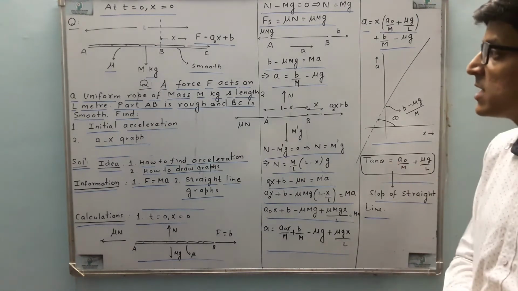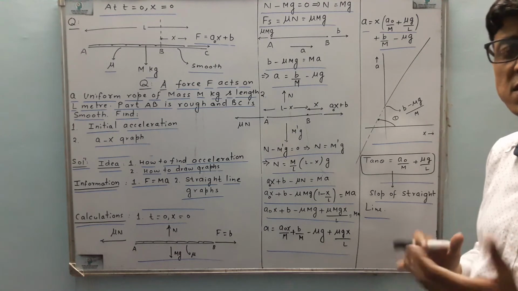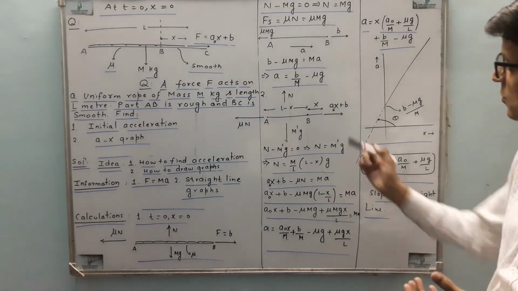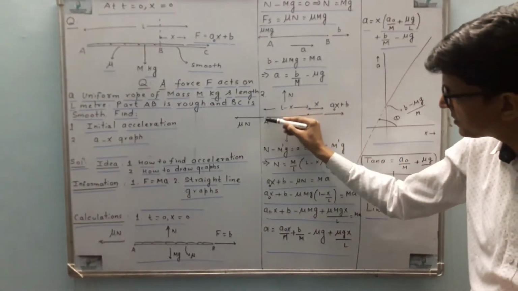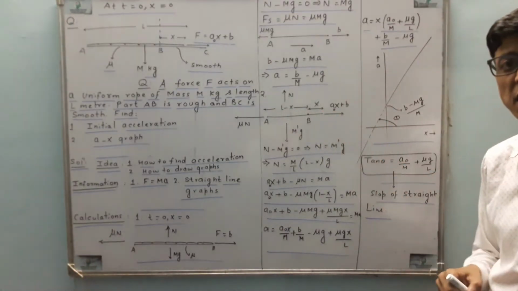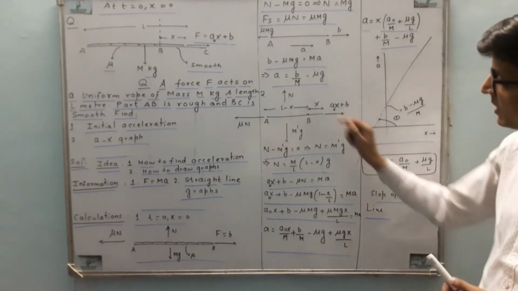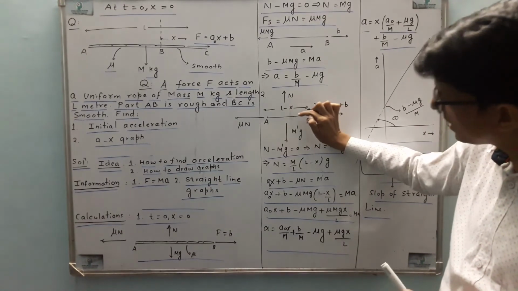Now let us calculate acceleration at a general x. Suppose this distance is x. So force will be A naught x plus B. The friction will be mu N, but N will be m dash g because the friction is present only on the part AB. So we will take the normal reaction between AB and ground.